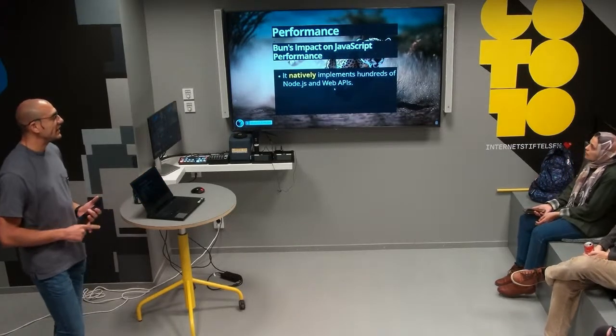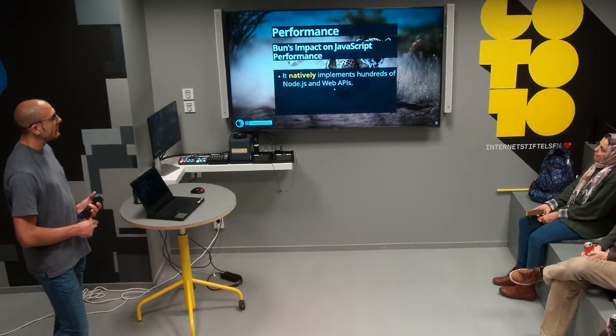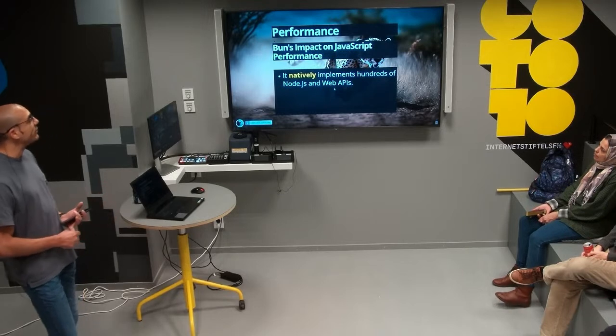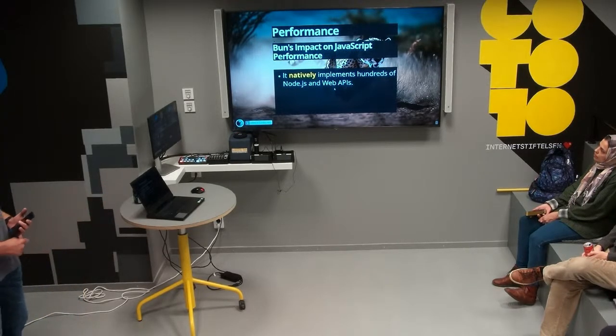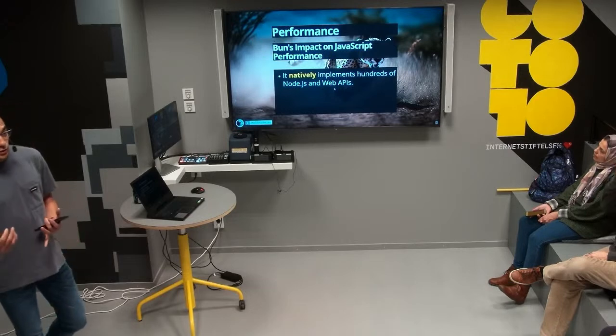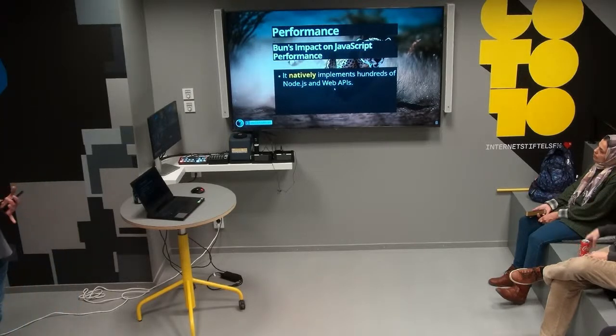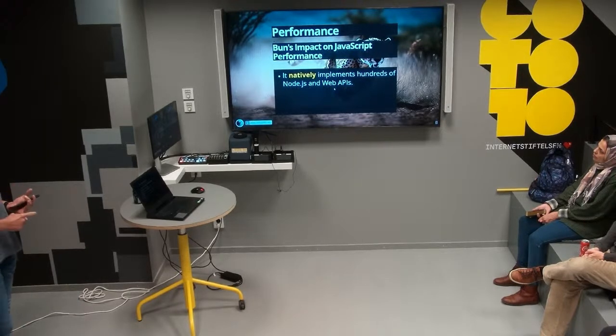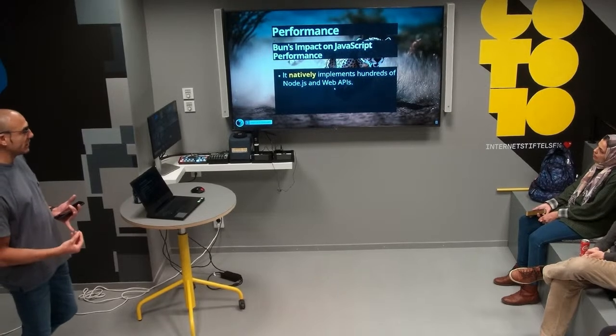So what is the impact of Bun on performance? It has a lot of the Node APIs and web APIs natively implemented. Node has a lot of native modules implemented in JavaScript, not in C++, which is the language Node core is built in.